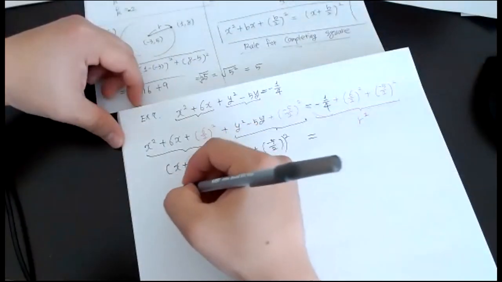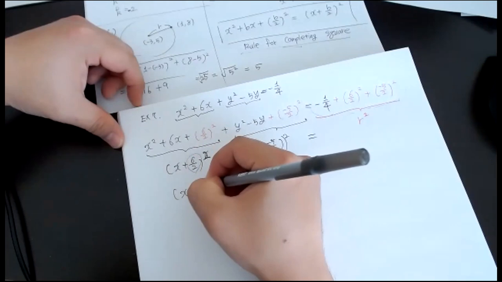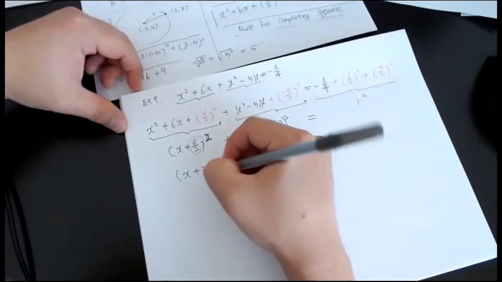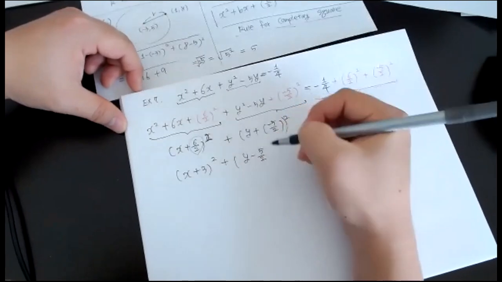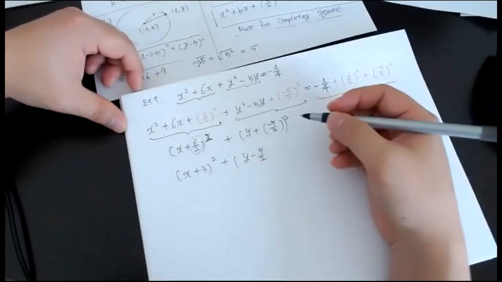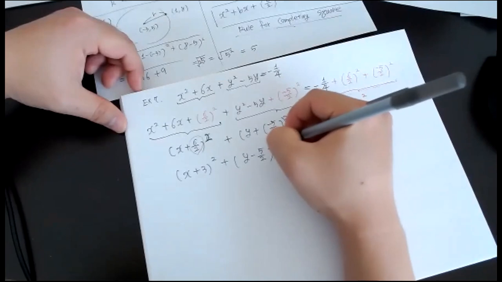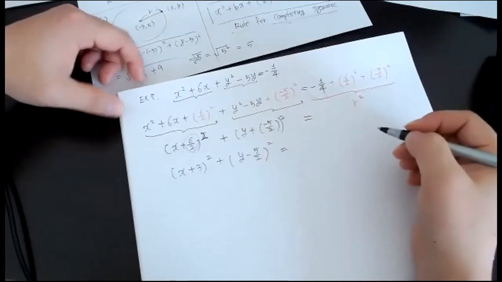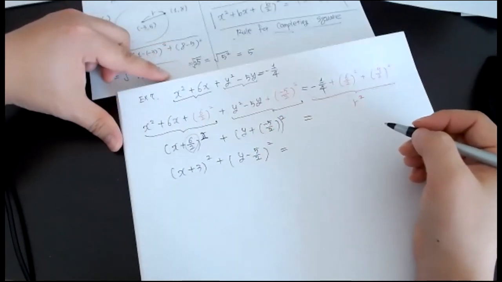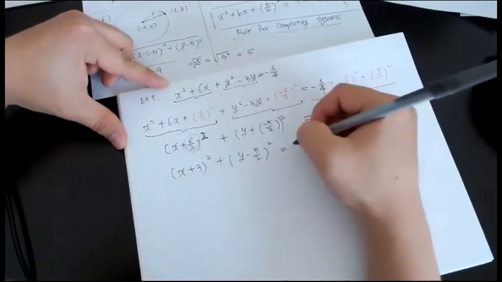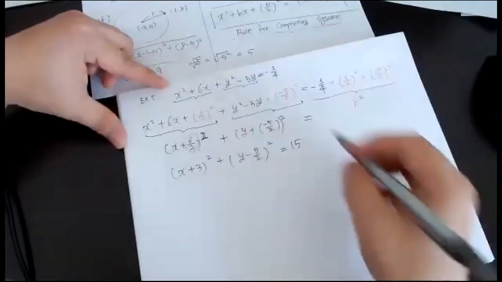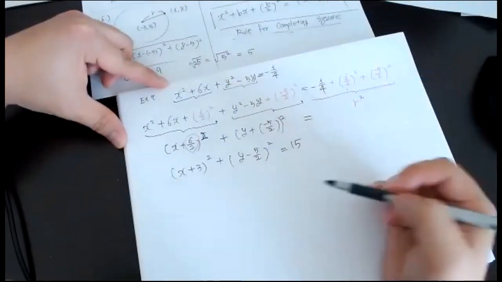We get (x plus 3) squared plus (y minus 5/2, or 2.5) squared is equal to r squared, and I already calculated this, it's 15.